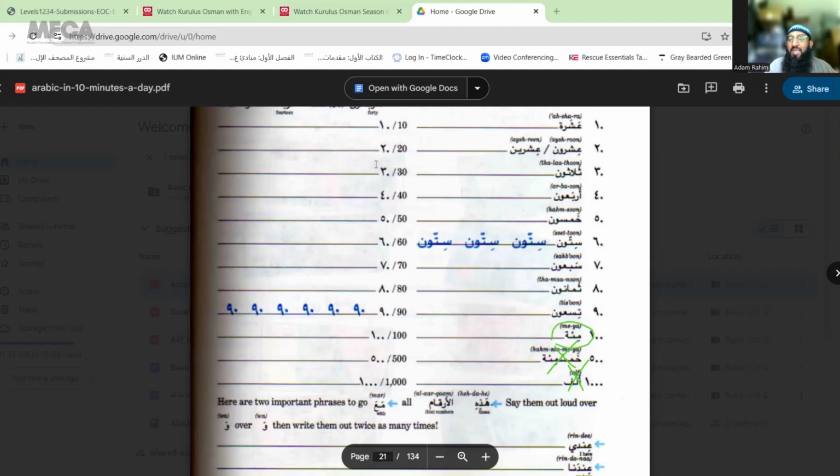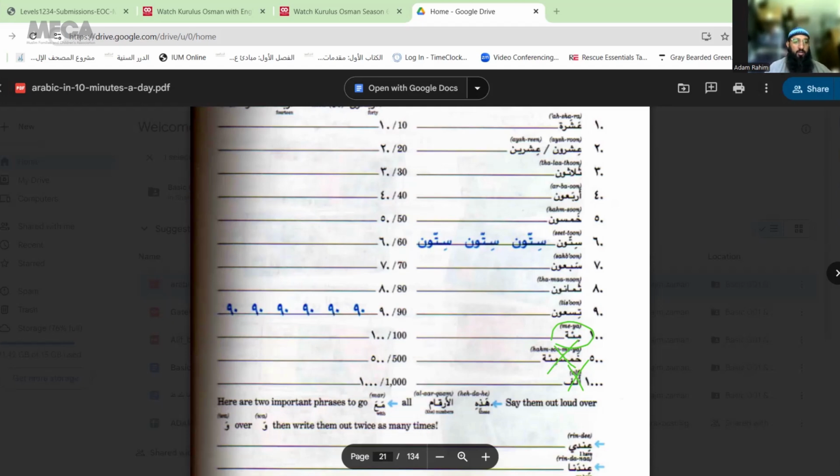The mim has a kasra, mi, followed by a hamza with a fatha. So mi'ah, followed by ta. And because we're stopping on it, the ta becomes a ha. But if we want to continue, it would be mi'atun, which means 100.